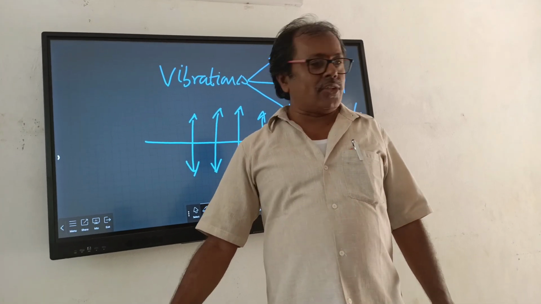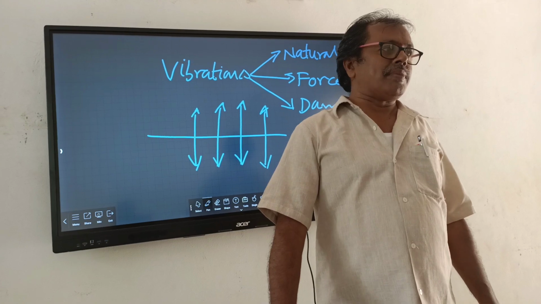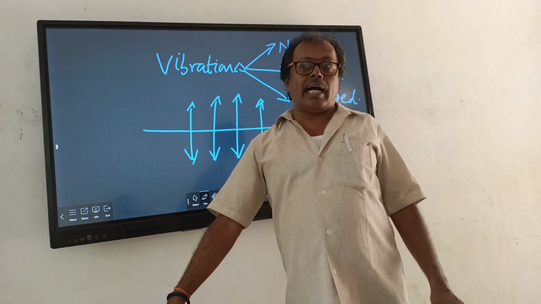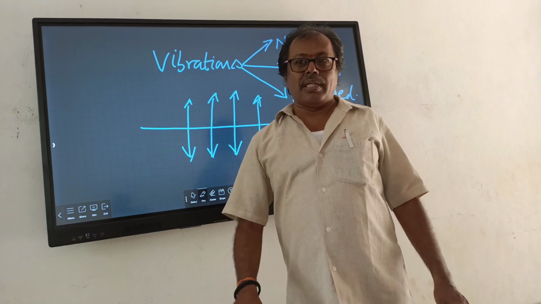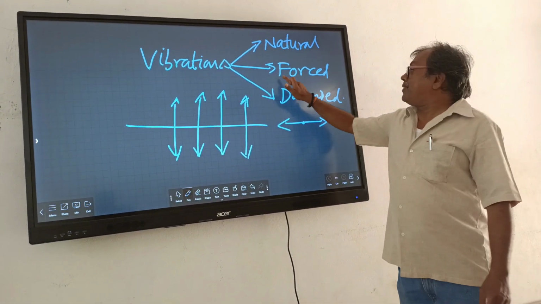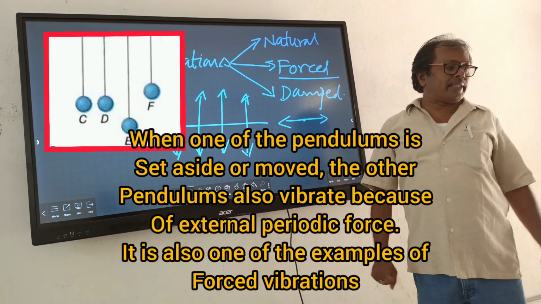Once the body begins to vibrate, this vibration is called forced vibration. The vibration produced in this table as a result of the application of external force. If a body vibrates by means of the applied force, it is called forced vibration.